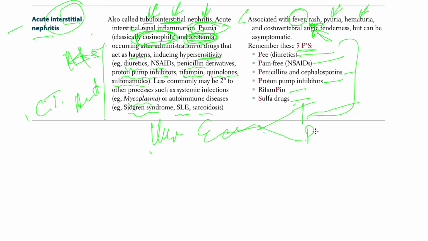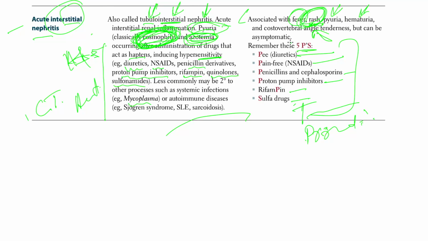The third is prostatitis. So you have eosinophils in the urine, you have a rash, and you have the pyuria, and that's acute interstitial nephritis.